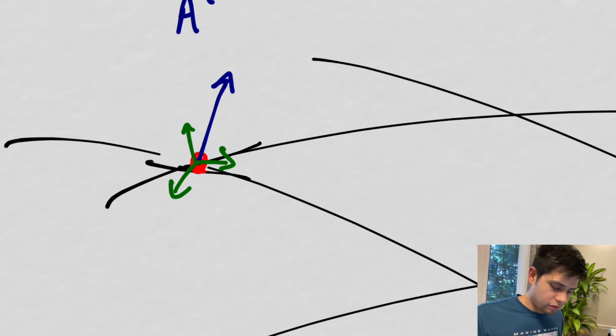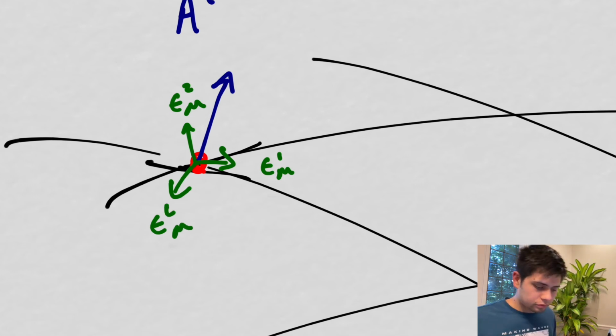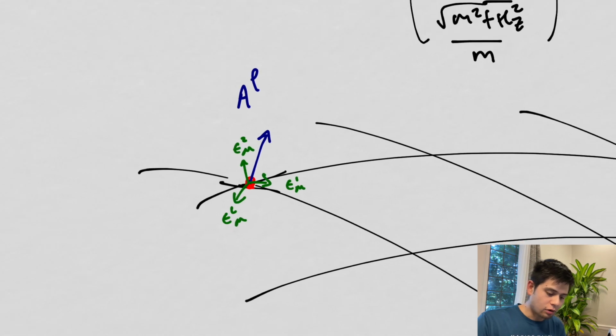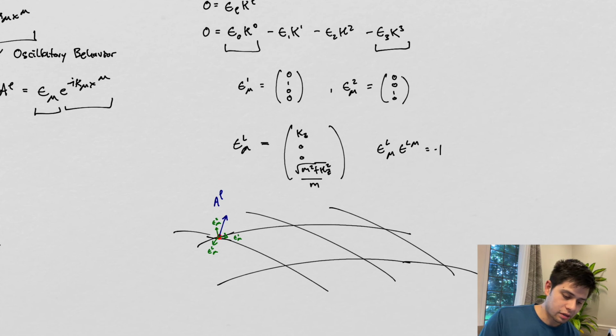And the basis, again, this is the internal structure of the field: E1, E2, E3, and this vector A row lives as a combination of these three linearly independent vectors.